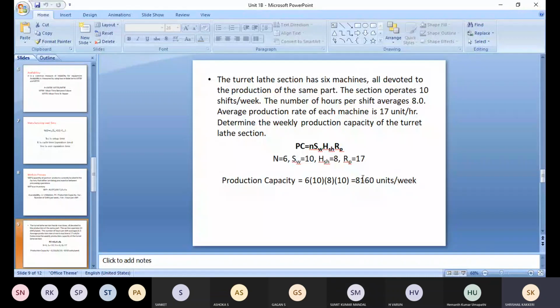Here the variety of production I am going to take will be very, very limited. The quantity of product will be maximum, and throughout the service life, the industry will not be changing its automation, so it is called fixed automation.